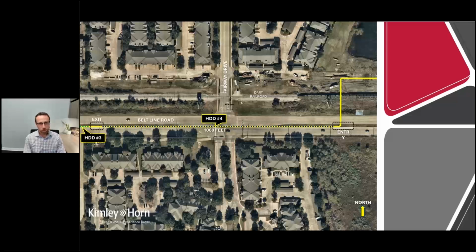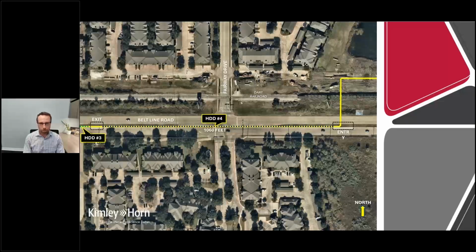And last but not least, number 4, this one was a little over 1,000 feet. And here we really wanted to have the entry pit on the left side of the screen versus the right, but what you can't see is off the screen to the right is a bridge. And so Beltline Road goes elevated just east of here. And so that really didn't give us any room to string the pipe out on that side.